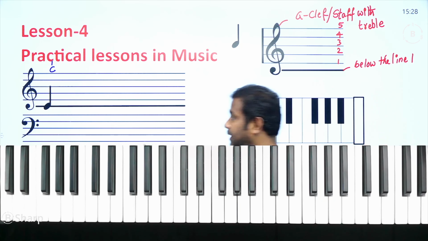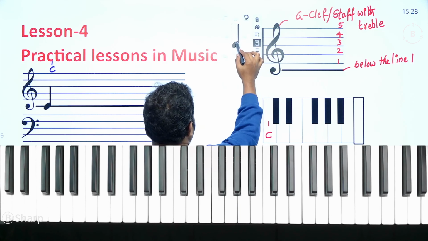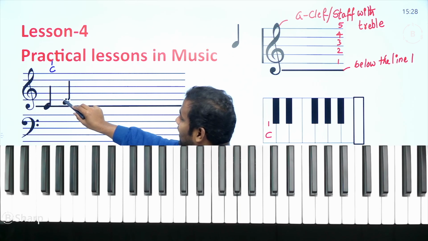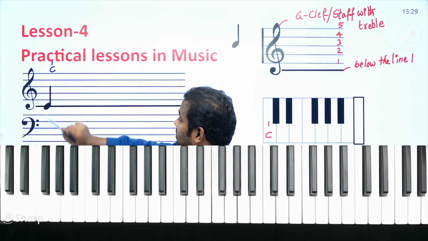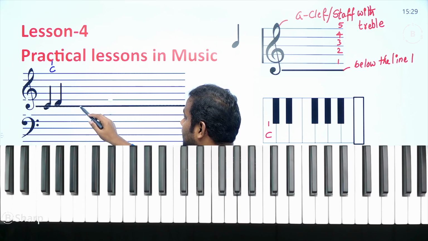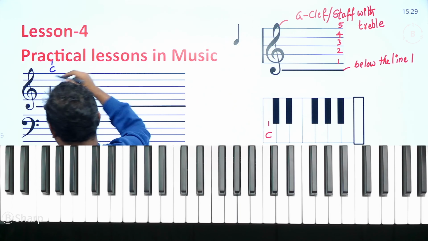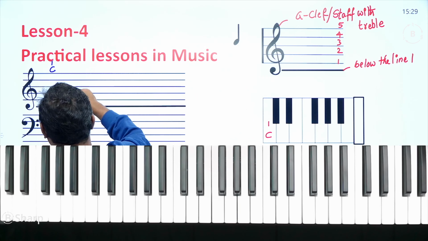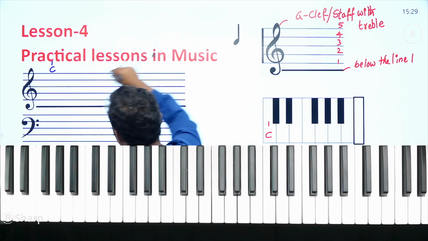Then the next one which will come, the second note. Okay, the second note is not on the second line, but there is a space in between, the line below this line and the line below this line, right? So there is a line here, right? So here we can reduce this size here. Okay, so this is the one.